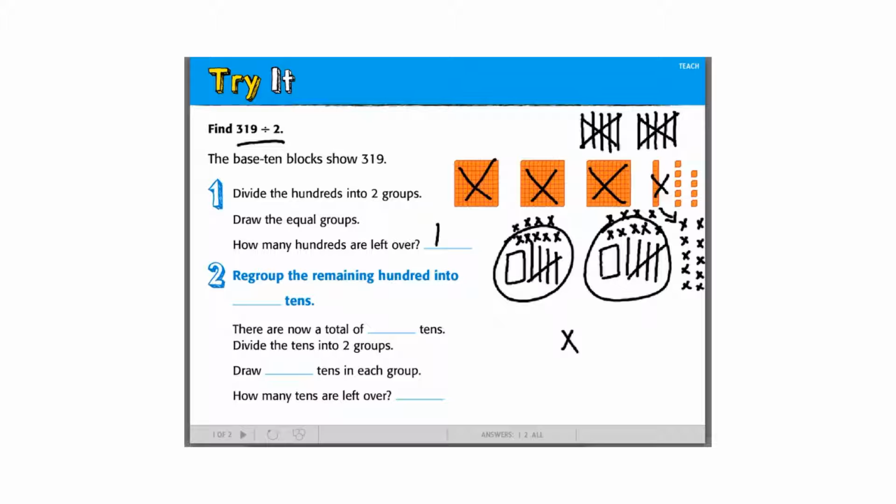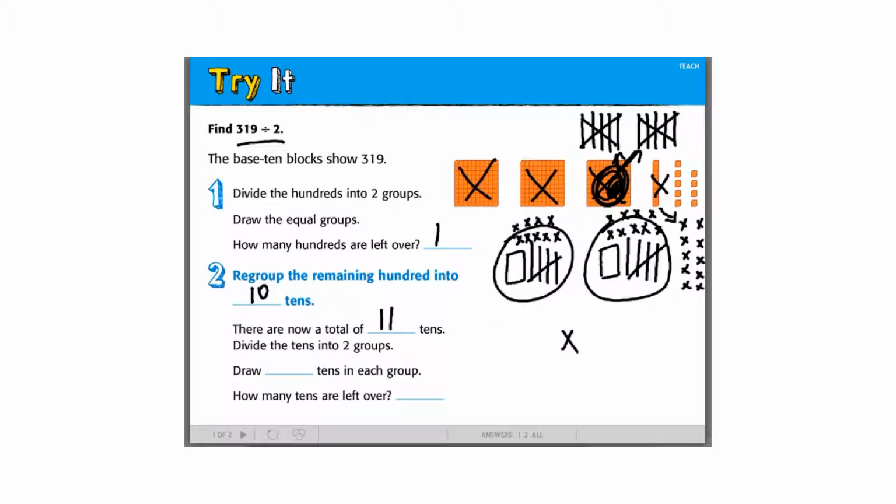We regrouped the remaining 100 into 10 tens. So this one right here, remember this 100 that was left, we turned it into this, 10 tens. Now there was a total of 11 tens.